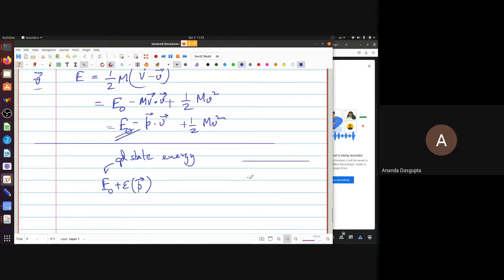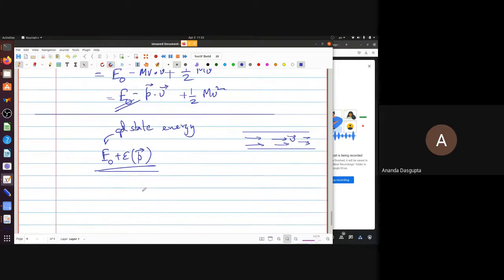So this fluid is moving with respect to the tube with velocity v, and in this fluid, you have created an excitation. So its energy is now E0 plus epsilon. Now if you were to go to the rest frame of the tube, what is the velocity of the rest frame of the tube with respect to the fluid?